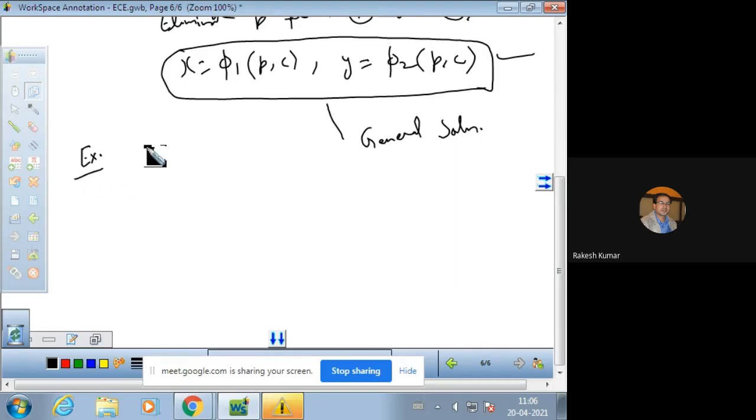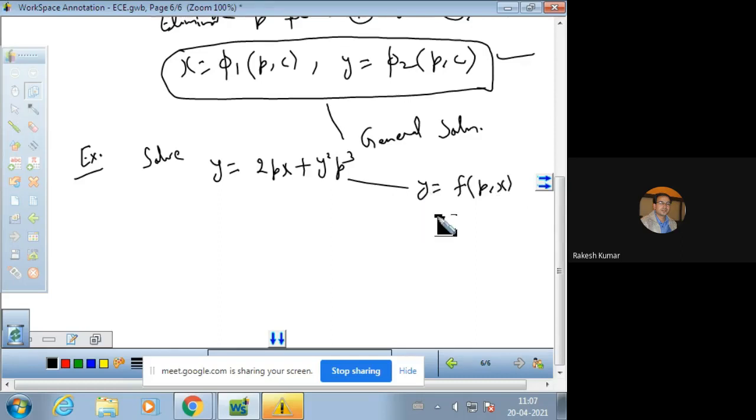Solve the differential equation y is equal to 2px plus y square p cube. Now it is clear that y is a function of p and x. It means the method of solvable for y, which we did in yesterday's class, is clearly applicable here.